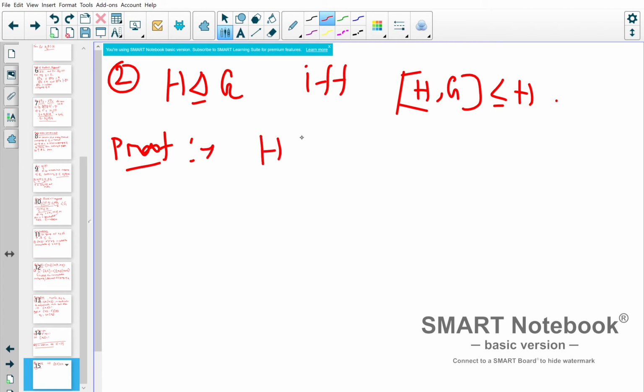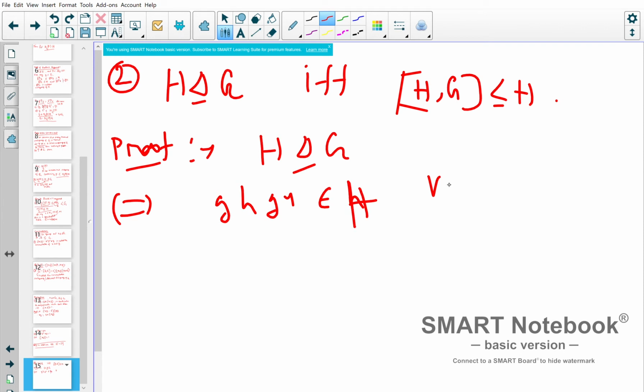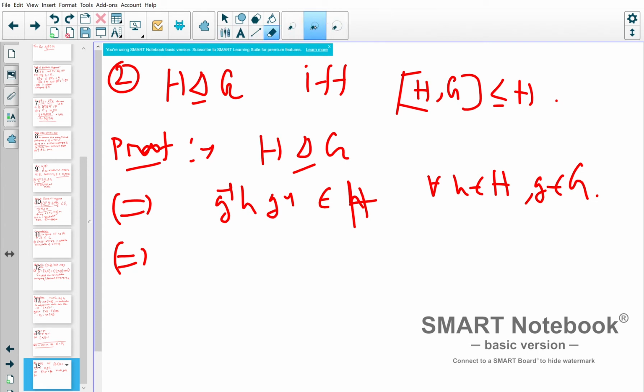H is a normal subgroup of G if and only if g inverse h g belongs to H for all h belonging to H and g belonging to G. But this means, if and only if, now you multiply by, okay, or maybe I can write it this way, that is much better.